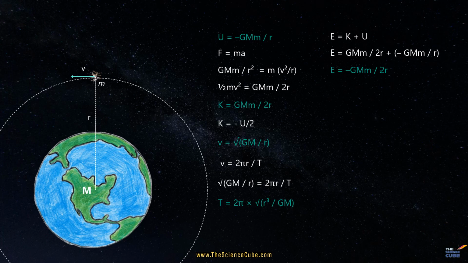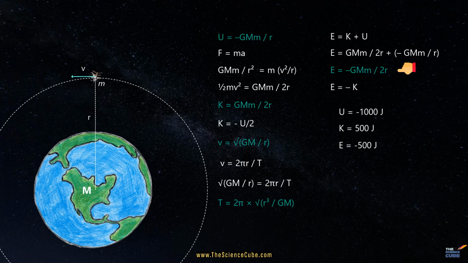And we can see here that since K equals GMm upon 2R, the total energy E is the negative of the kinetic energy K. So a satellite that has potential energy of minus 1000 joules would have kinetic energy of 500 joules, and the total mechanical energy E would be minus 500 joules.